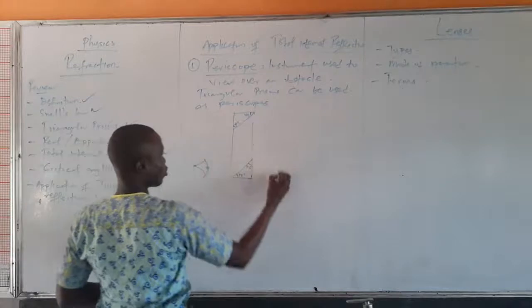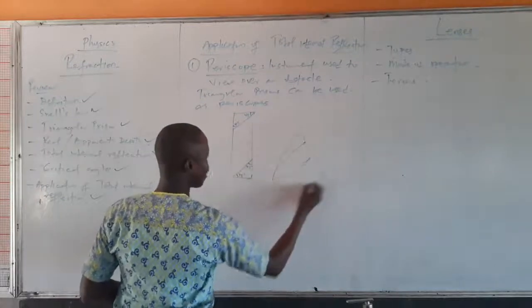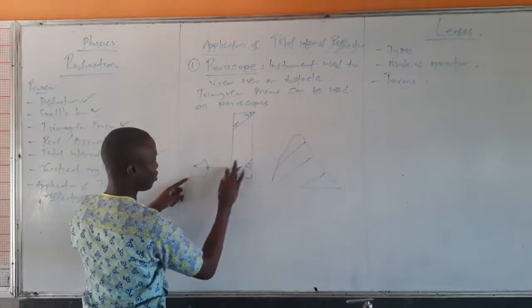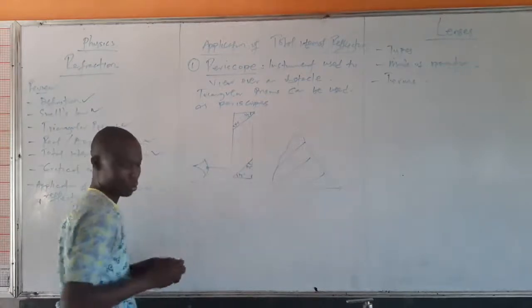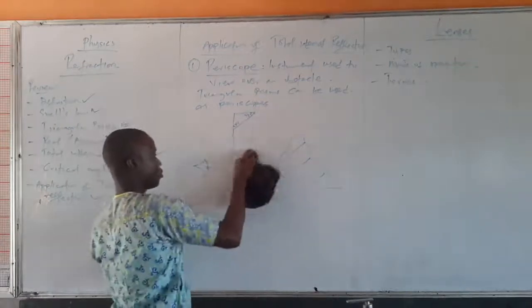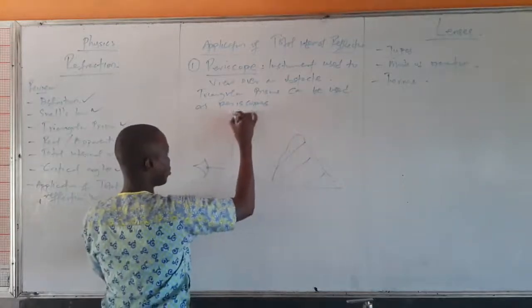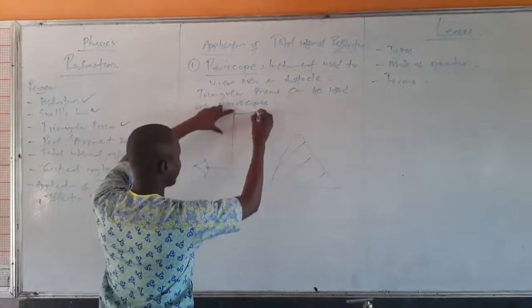So if you have an obstacle, this is the obstacle. By the time you view through here, what happens?